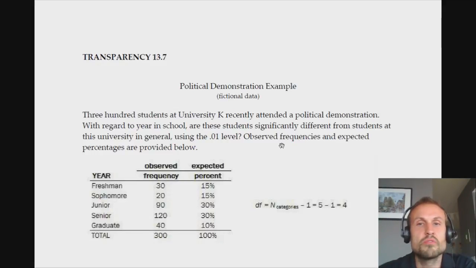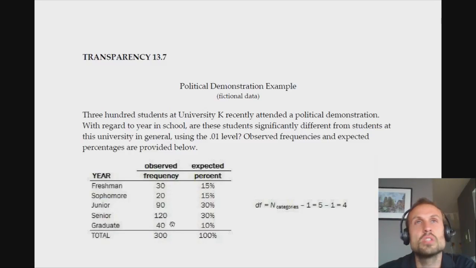So the observed frequencies are over here. So we have five categories: freshman, sophomore, junior, senior, and graduate.